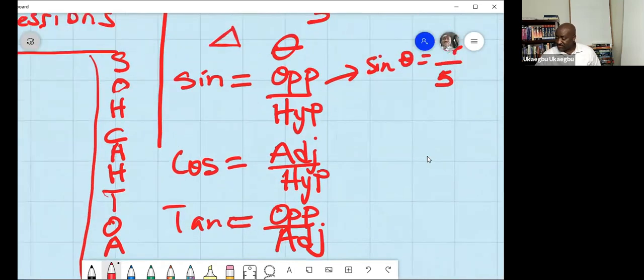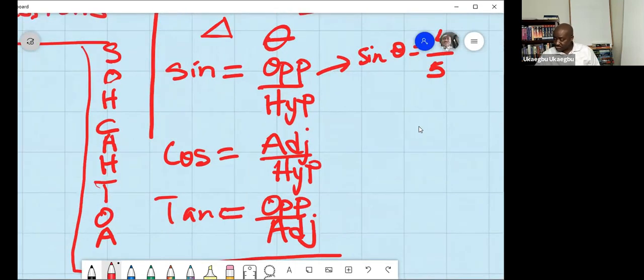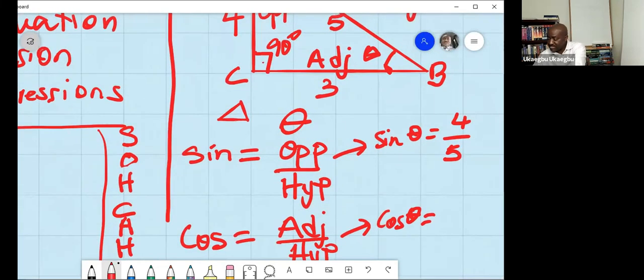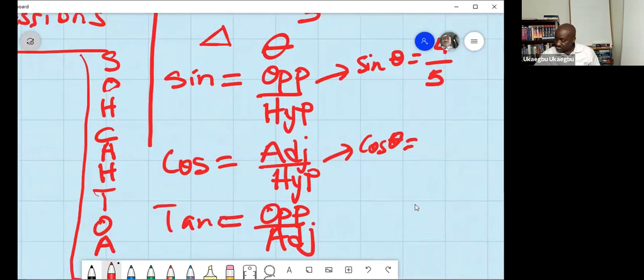And cos theta is adjacent over hypotenuse. So cos theta is adjacent, and adjacent here is 3, hypotenuse is 5. 3 over 5.